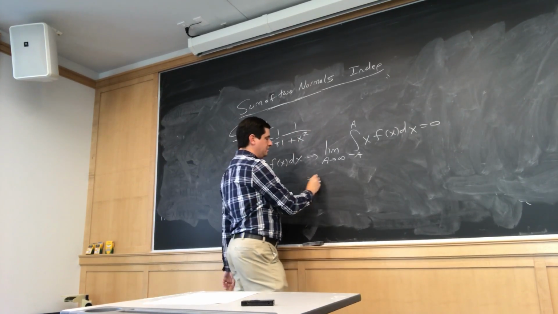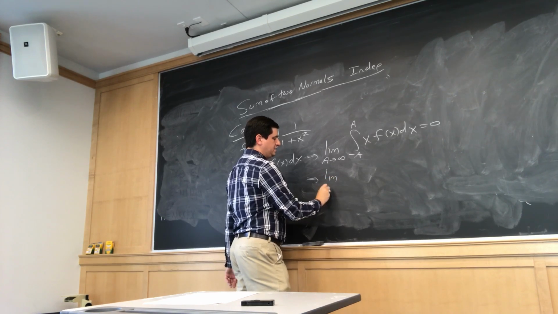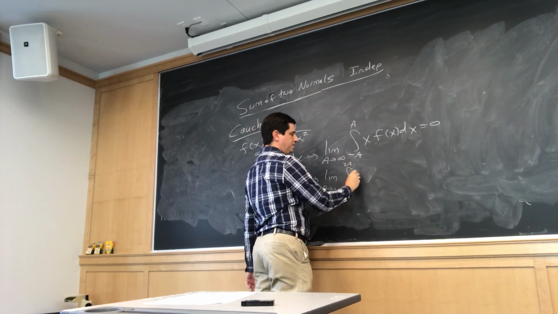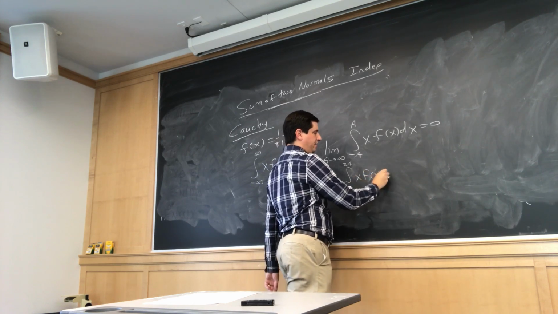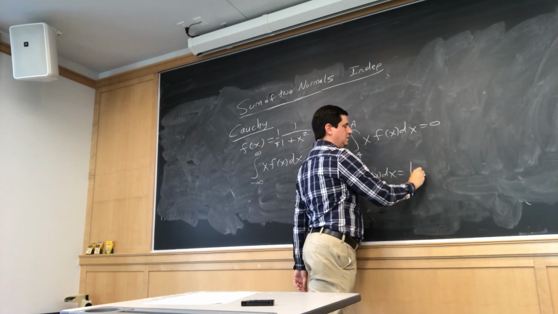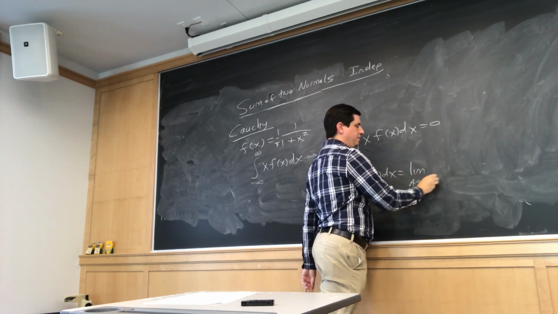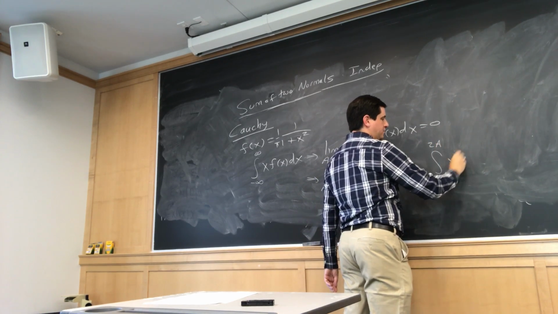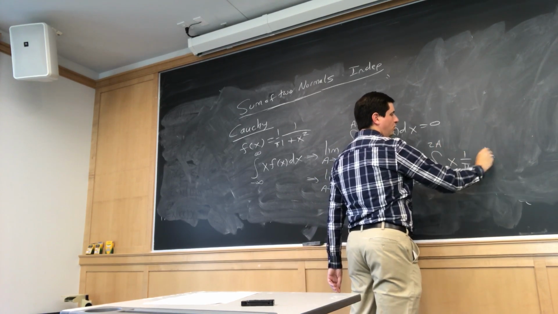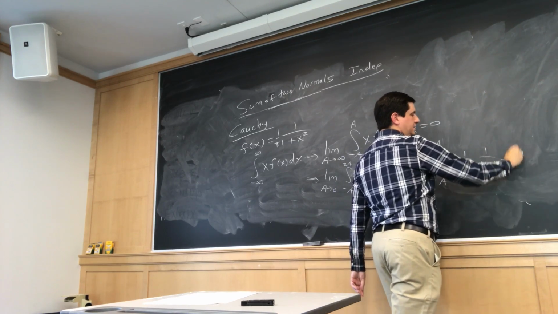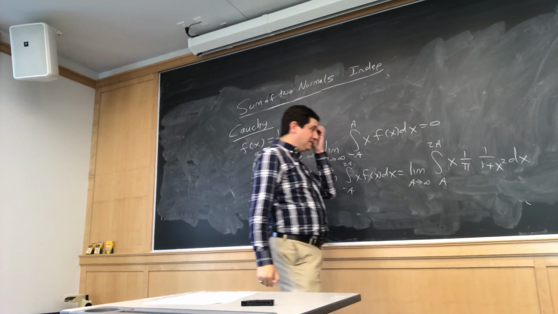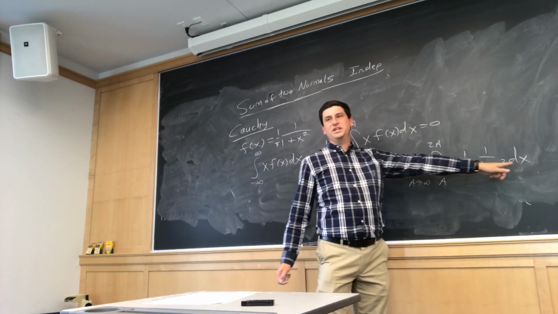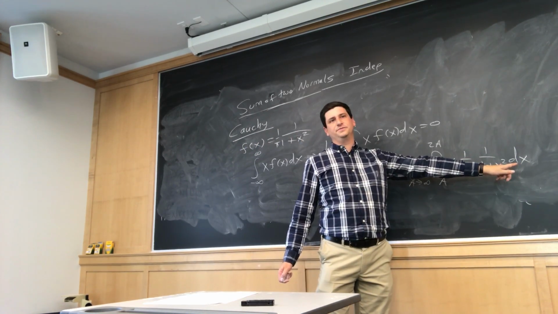If I look at it as the limit as a goes to infinity from minus a to 2a of x f of x dx, this is the same as the limit as a goes to infinity of the integral from a to 2a of x times 1 over pi times 1 over 1 plus x squared dx. Well, when x is really large, x over 1 plus x squared is approximately 1 over x.